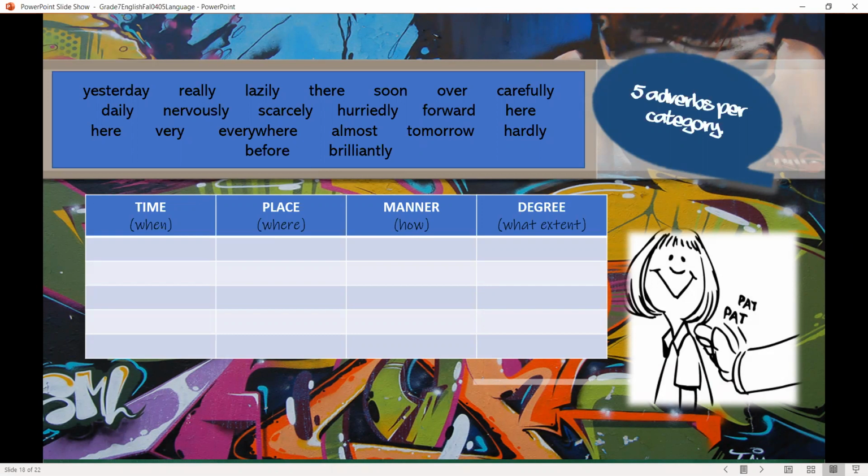So if I had to read through the words there, let me read through them. We've got yesterday, really, lazily, there, soon, over, carefully, daily, nervously, scarcely, hurriedly, forward, yeah, another yeah, very, everywhere, almost, tomorrow, hardly, before, and brilliantly.